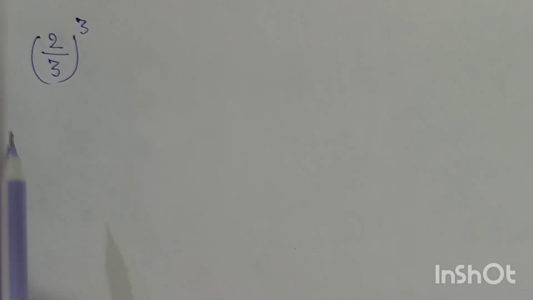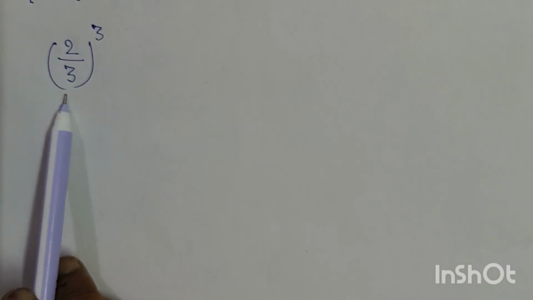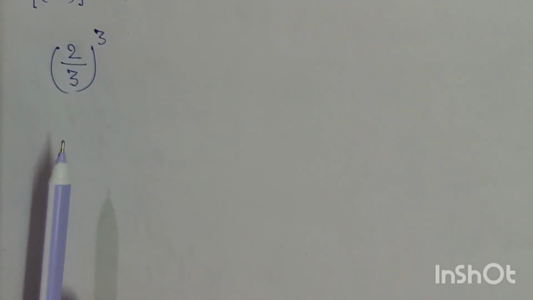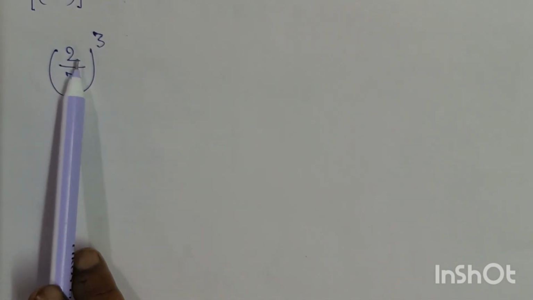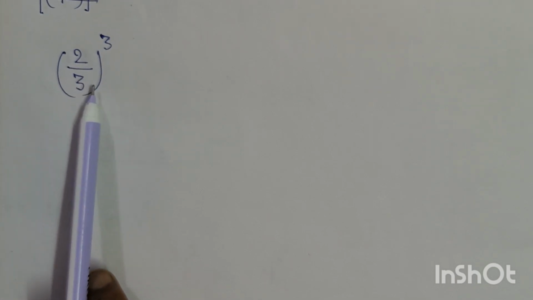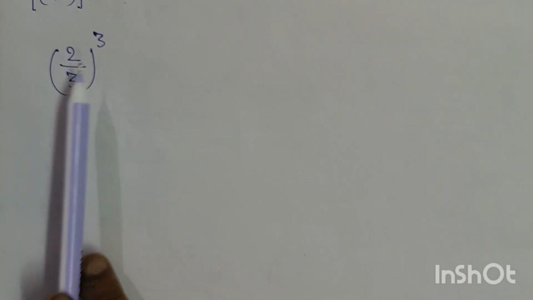Now let's get into the second law of exponent, which is the power of quotient rule. So here I have the expression 2 upon 3 raised to the power 3. What is the quotient here? The quotient is 2 upon 3. And what is the exponent here? The exponent is 3.